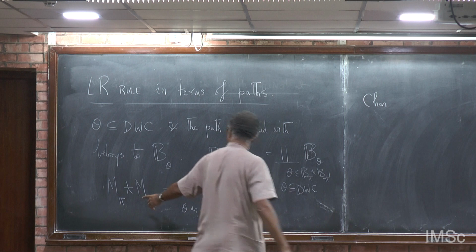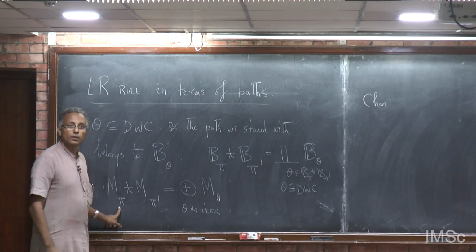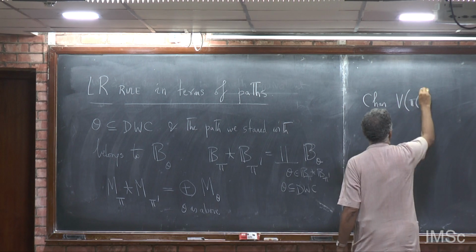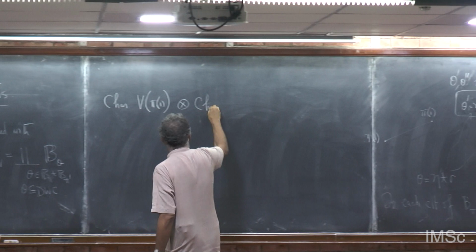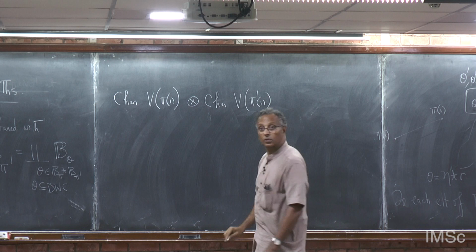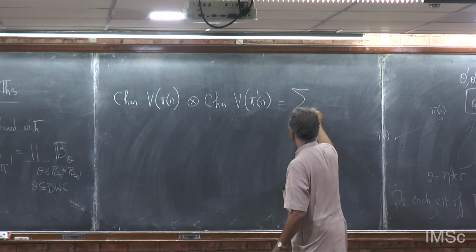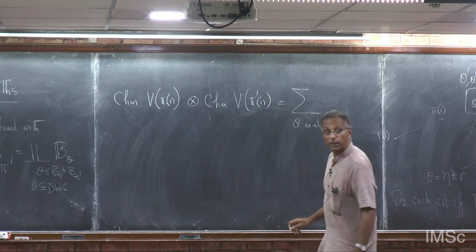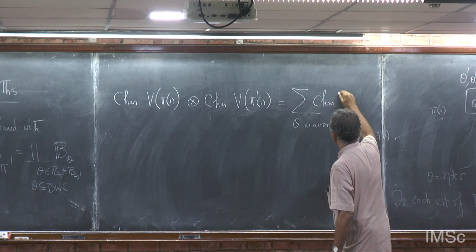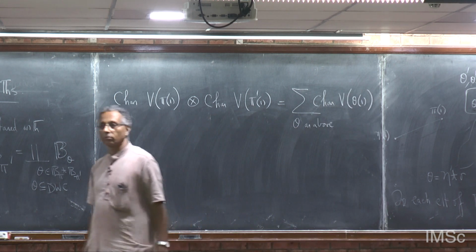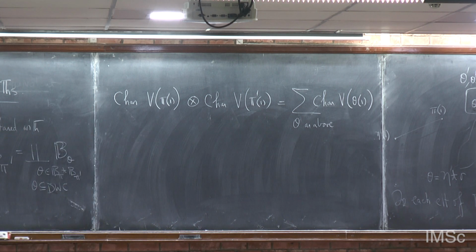Character of m pi is what? Character of V pi 1 tensor character of V pi prime 1 is equal to the sum over all theta as above of character of V theta 1, right? So we have gotten what we want, right?